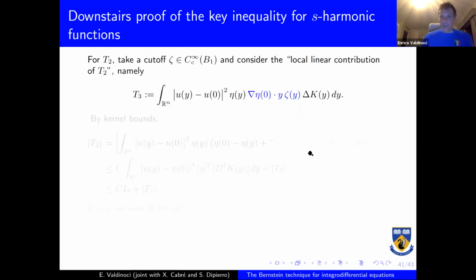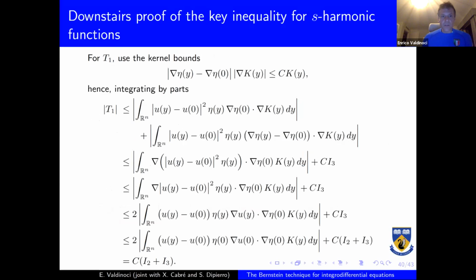Here I'm using the constant C, but the constant C is different line by line. So any time I integrate by parts or I use the kernel bounds, I get a different constant in front, but I2, I3 are positive, so that's perfectly fine.